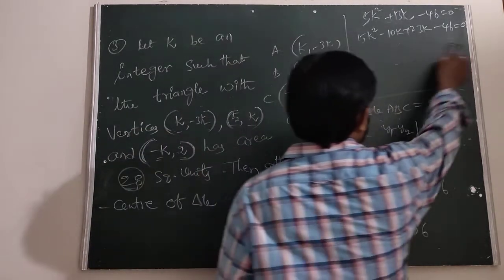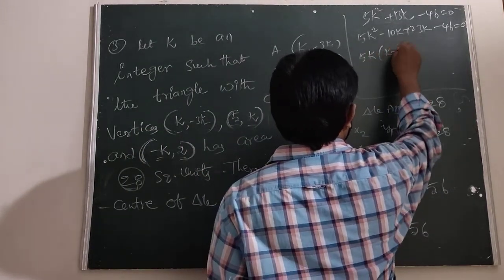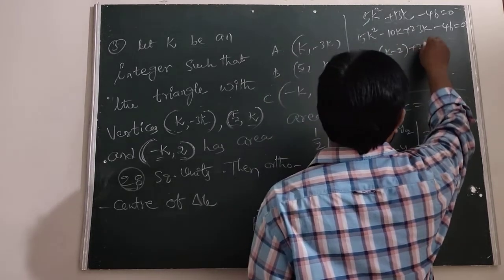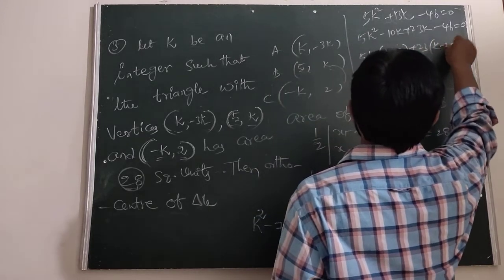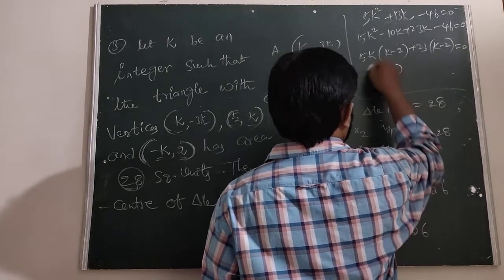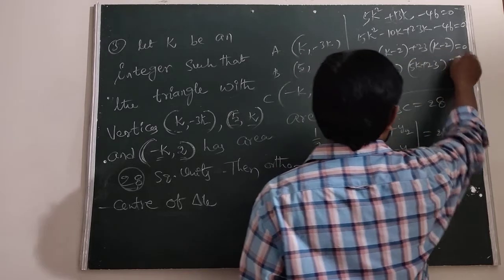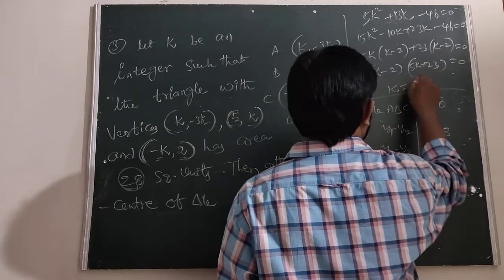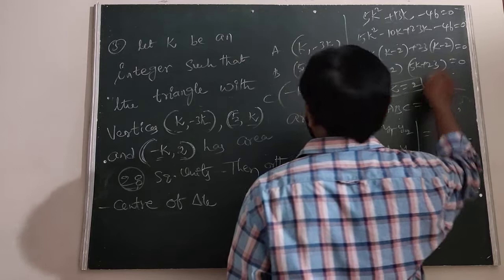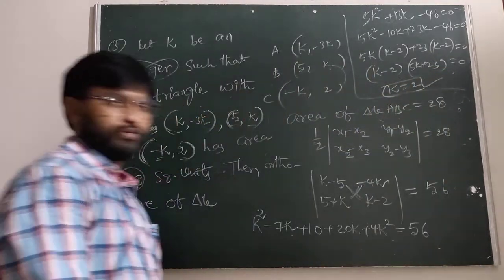Here 5k is common, giving k minus 2, and 23 is common, giving k minus 2. Therefore (k minus 2)(5k plus 23) equal to 0. Here k is an integer, therefore we take k equal to 2.